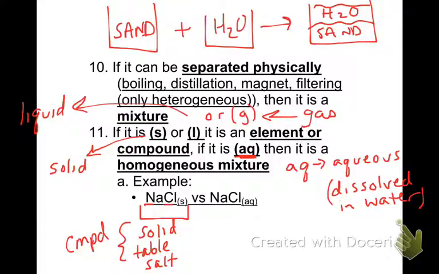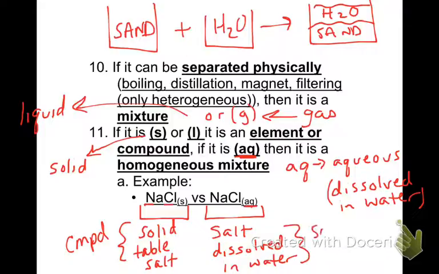If we take a look at this next one here, we have NaCl(aq). That is telling us that we now have salt dissolved in water. In other words, we've got salt water here. That little AQ tells us that this particular compound is now dissolved in water. In other words, we've created a solution. My abbreviation for solution is that, just so you know.